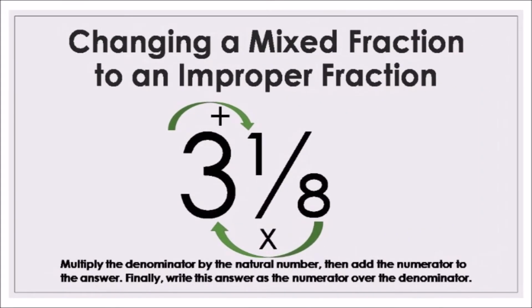Here we go. Practice. 3 and 1/8. Let's see if you can get this done. Remember the rules. Multiply the denominator by the natural number, then add the numerator to the answer. Finally, write the answer as the numerator over the denominator.